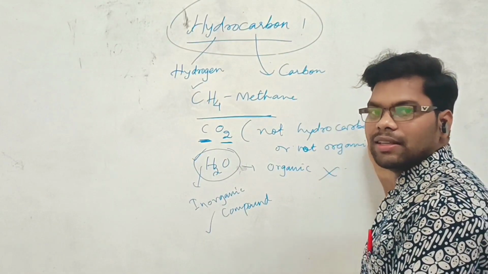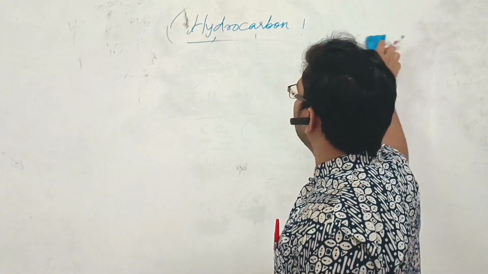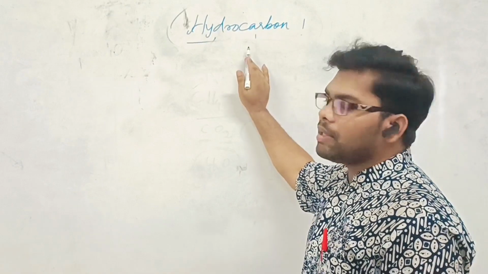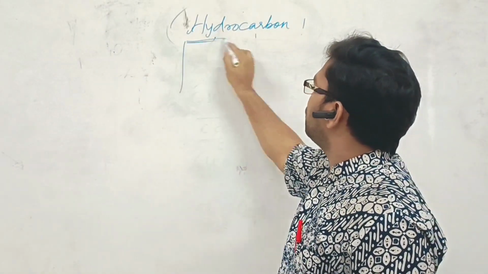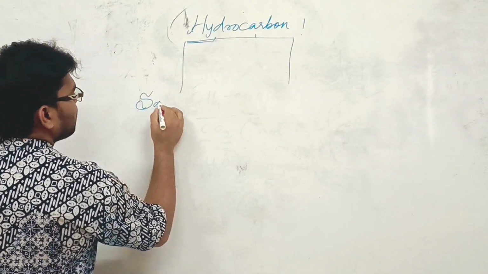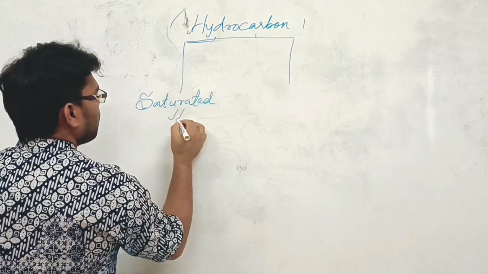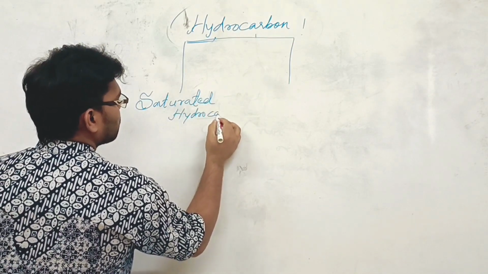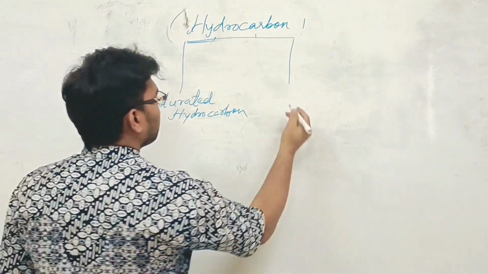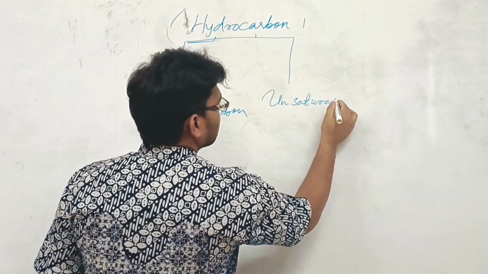Can I erase it? Alright. Now students, how are we going to classify hydrocarbons? Hydrocarbons are basically classified into 2 groups. One is known as saturated hydrocarbon, and the second one is unsaturated hydrocarbon.